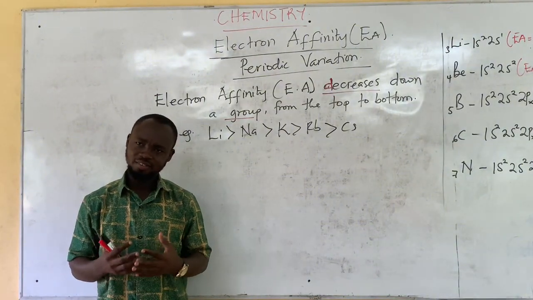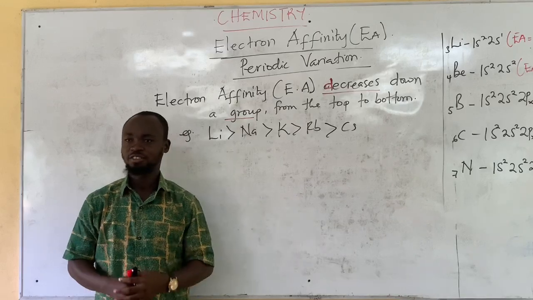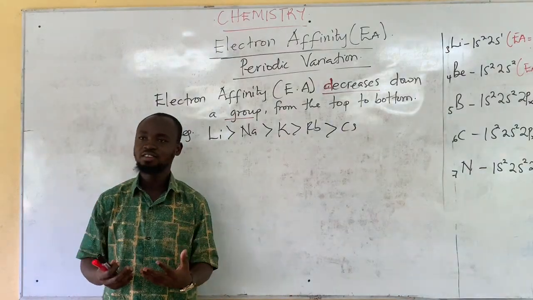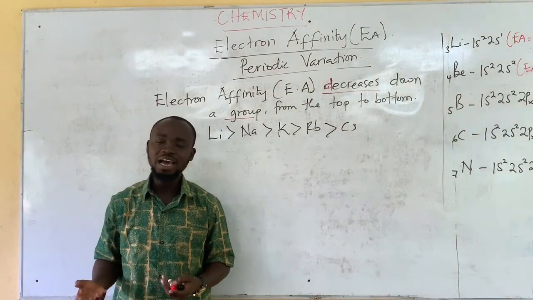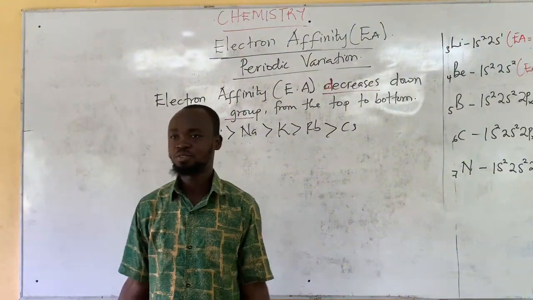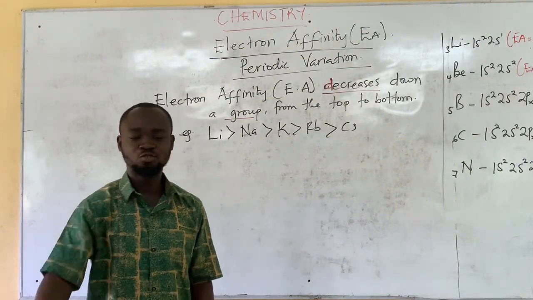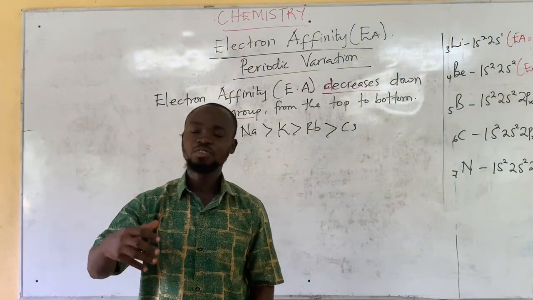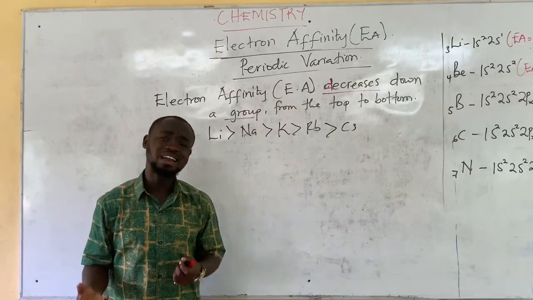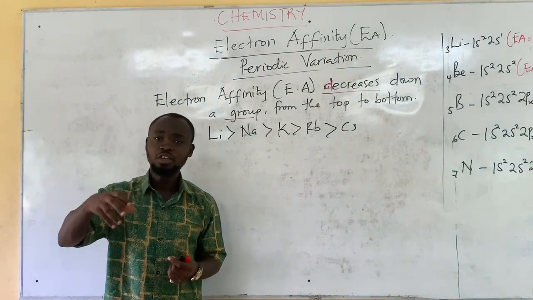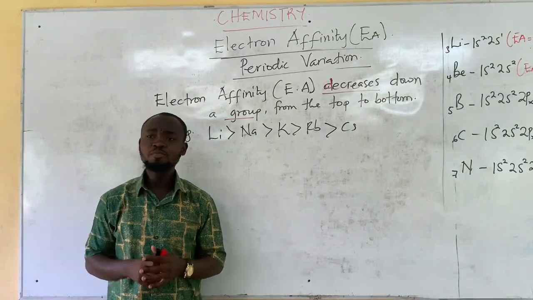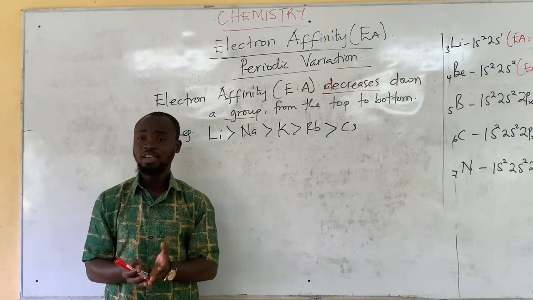How will this influence electron affinity? Affinity for an electron is me adding more electrons onto my shell. So if I want to add an electron to my shell, that added electron needs to be accommodated. Adding an additional electron to the outermost shell means I need to accommodate that electron.